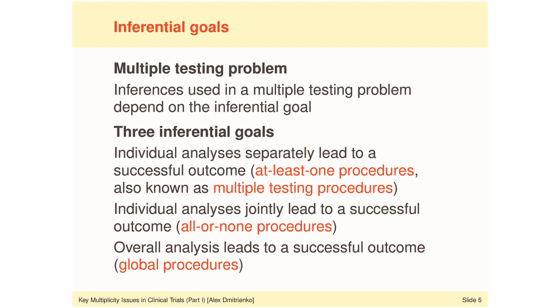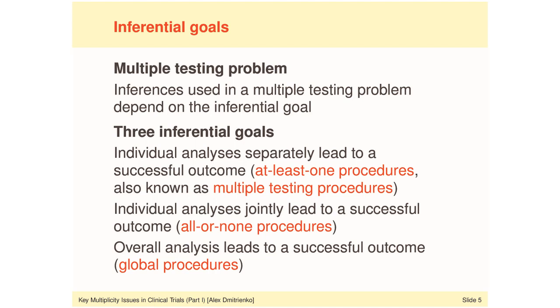And more formally, it is known as an at least 1 multiplicity problem, and within this setting, the sponsor needs to use at least 1 procedures, or as we said, simply multiple testing procedures. Secondly, individual analyses may jointly lead to a successful outcome. This would be known as an all or none problem, which means that all tests must be significant simultaneously, or the trial sponsor will be out of luck.